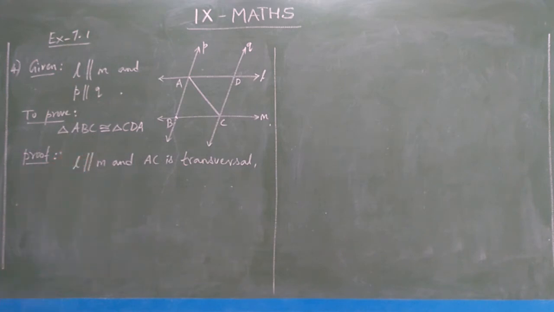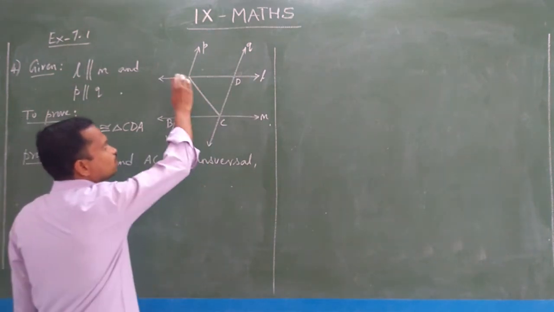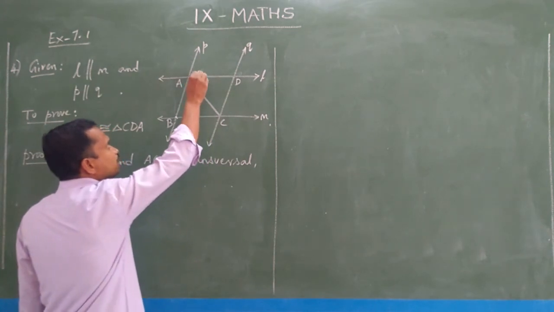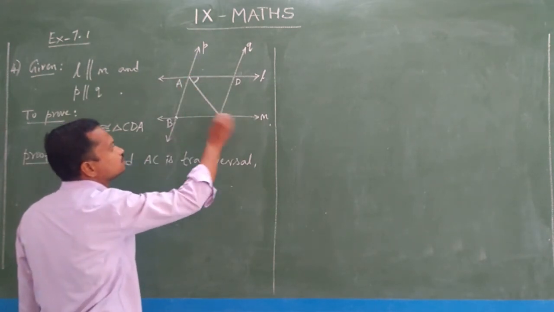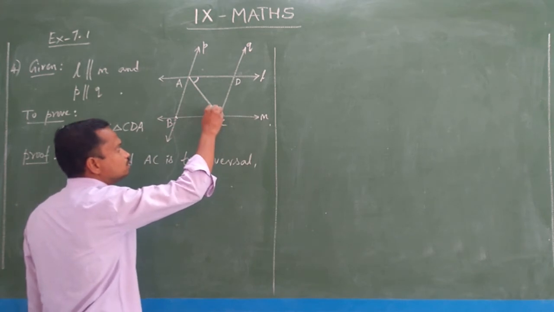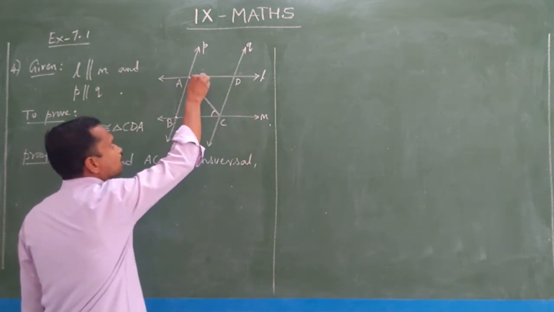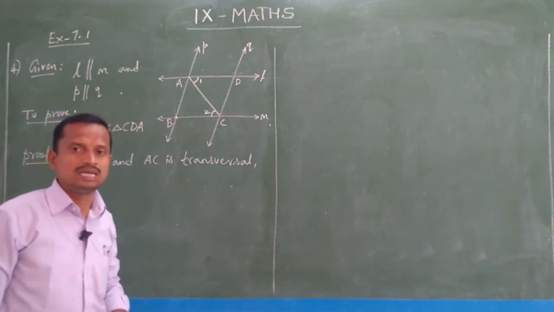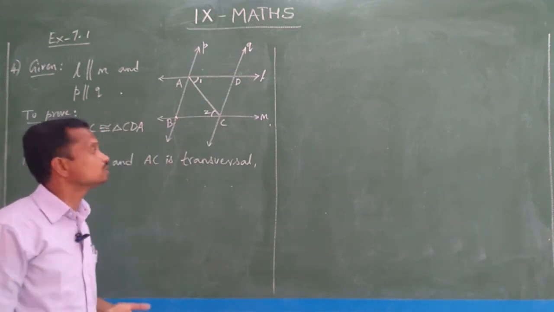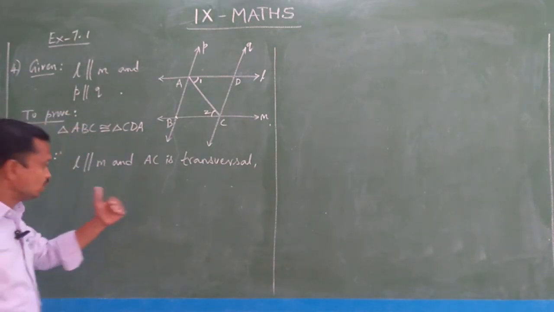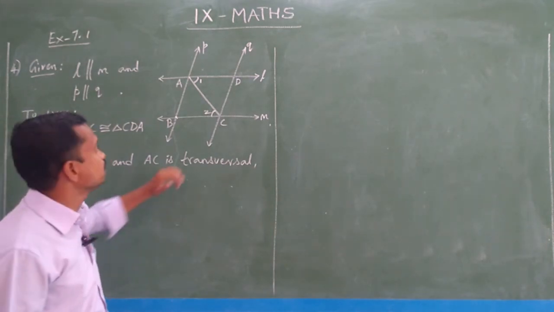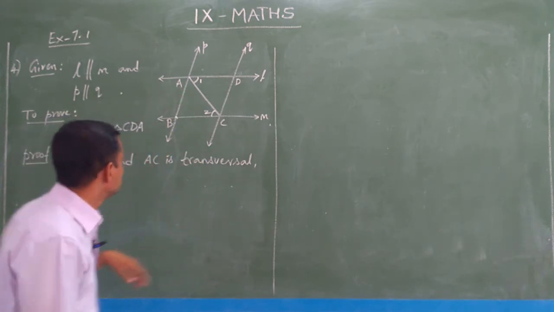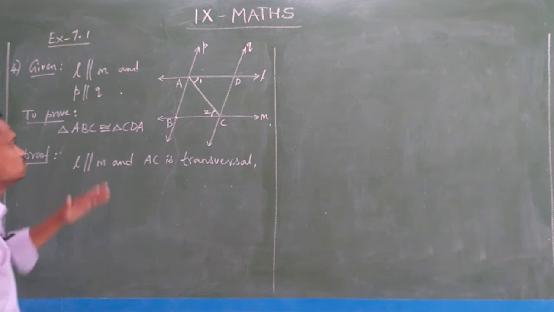So from here, if AC is the transversal for L and M, then the line and this transversal angle this one, and then this M with this transversal. You see angle 1. For our understanding, we can put the name like 1 and 2 and all. But while writing here in the proof, we have to write with the direction, the name. Okay, not 1, 2 and all. So LM parallel, AC is transversal.